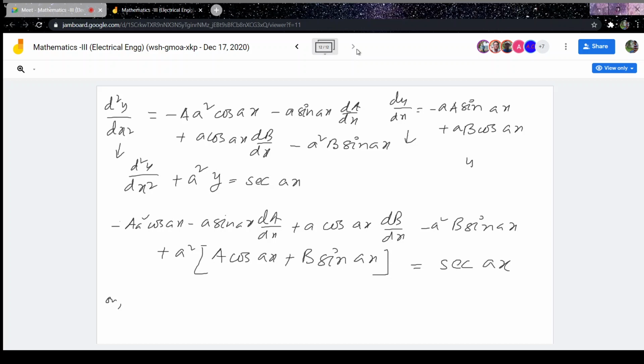So only there will be minus a sin ax da dx plus a cos ax db dx is equal to sec x. So we have to solve these two.